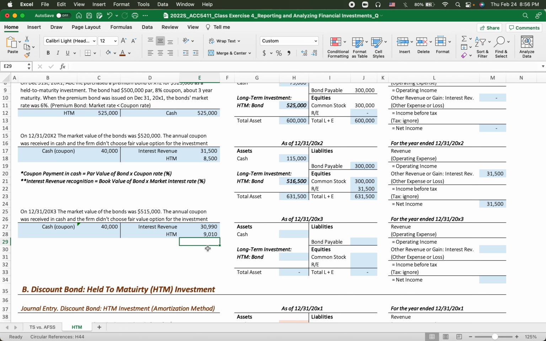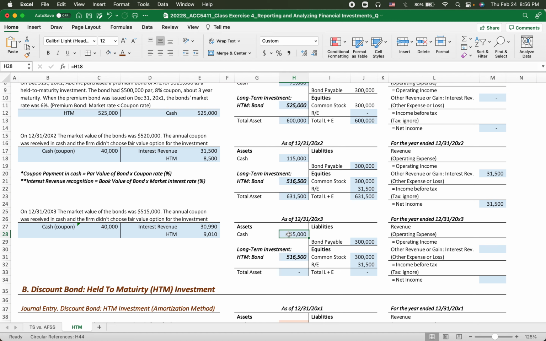It should now be recorded on the HTM as a negative cost, right? Now let's record this. HTM always starts from the ending balance of the prior year as the beginning balance of the current year. And then here other revenue.